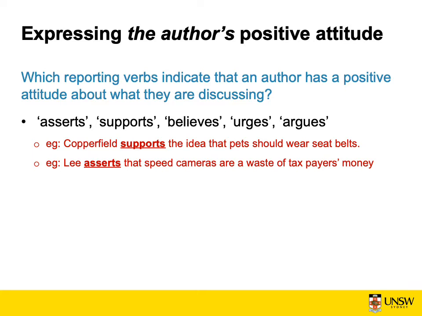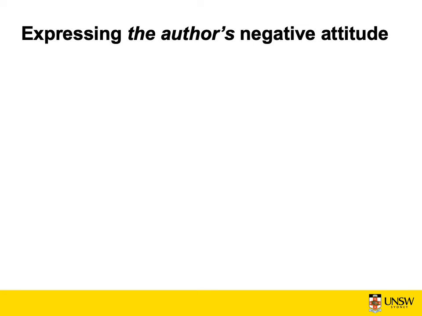For example, Copperfield supports the idea that pets should wear seatbelts, suggesting a positive attitude towards this idea. Lee asserts that speed cameras are a waste of taxpayers' money. That's a strong claim, an assertion, so there's a kind of positive attitude towards this point.